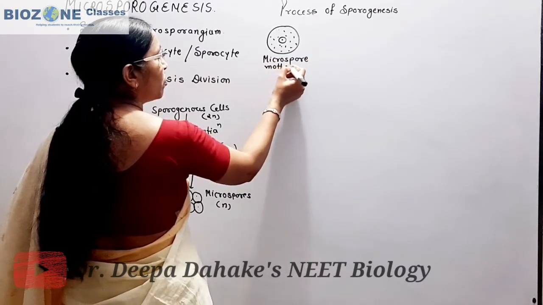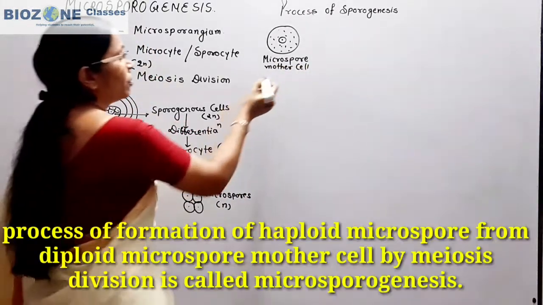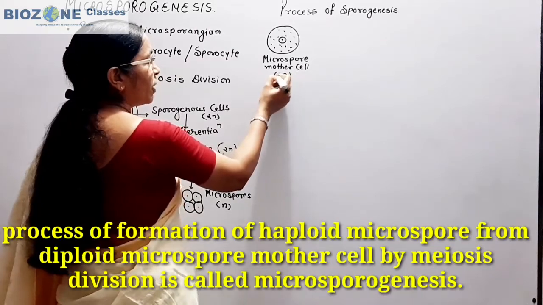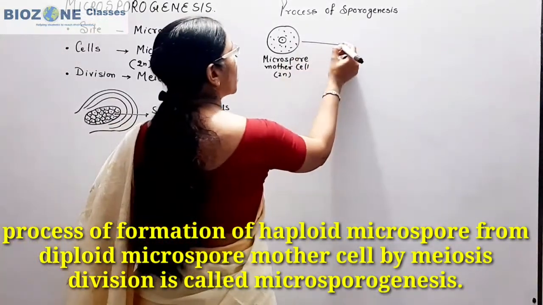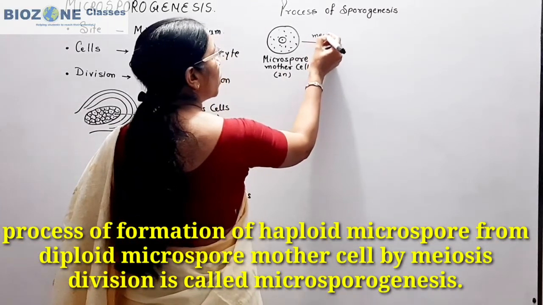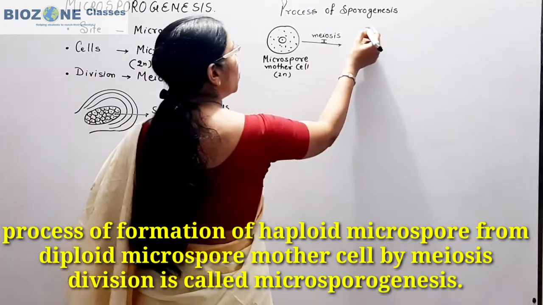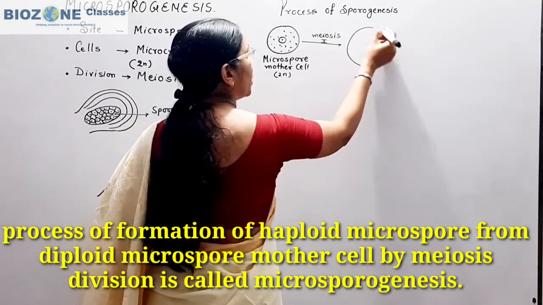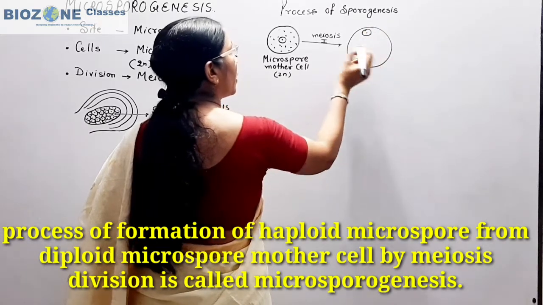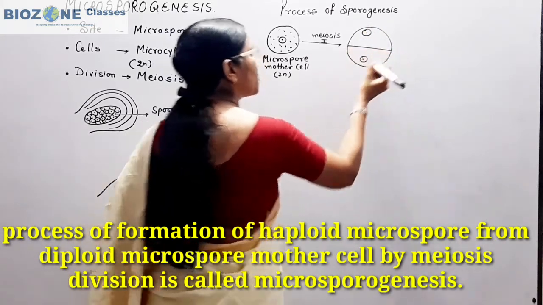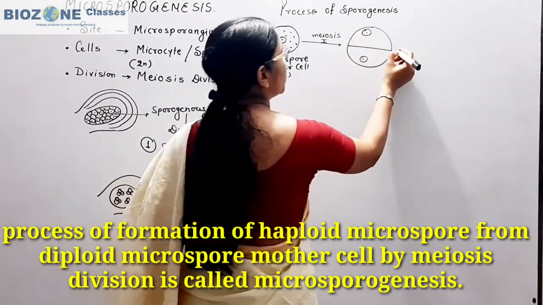So the microspore mother cell or microsporocyte, you remember, is a diploid cell, a differentiated cell of the sporogenous tissue. It undergoes meiosis 1, and upon meiosis 1 two nuclei are produced inside the microspore mother cell, and then the cell division proceeds. This part you remember. So two cells are produced.